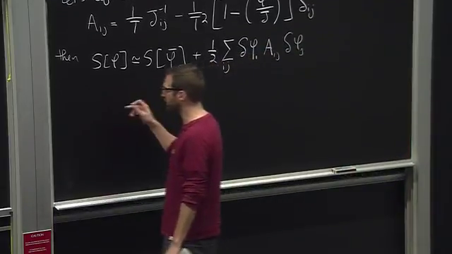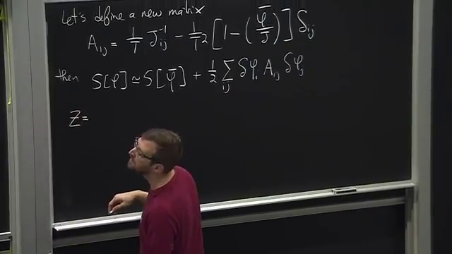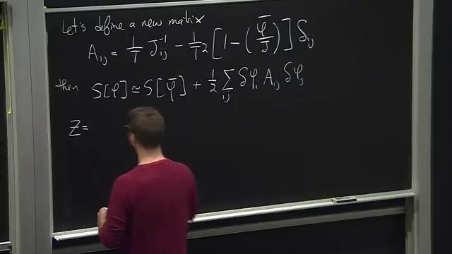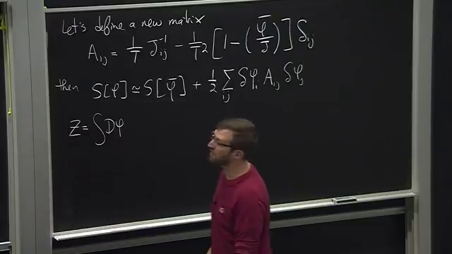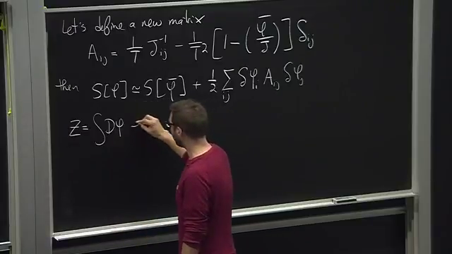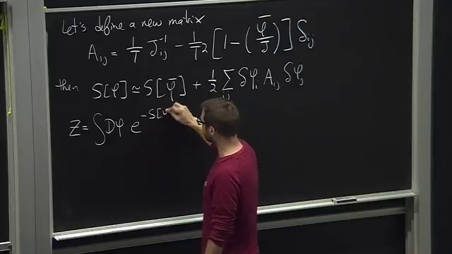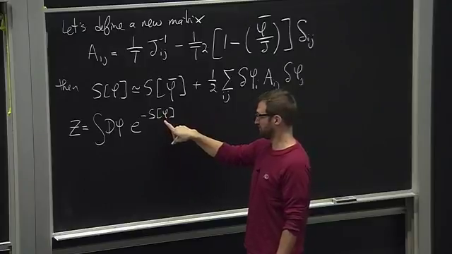That means our full partition function, which I've written up there. So the functional integral. So I'm putting this back in the functional integral, but I have an action, which is sort of mean field plus fluctuations here.